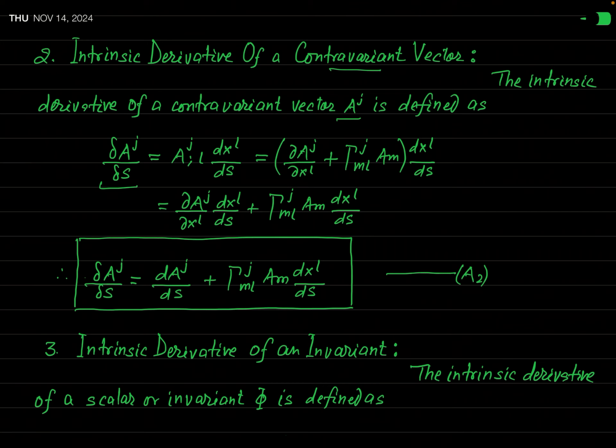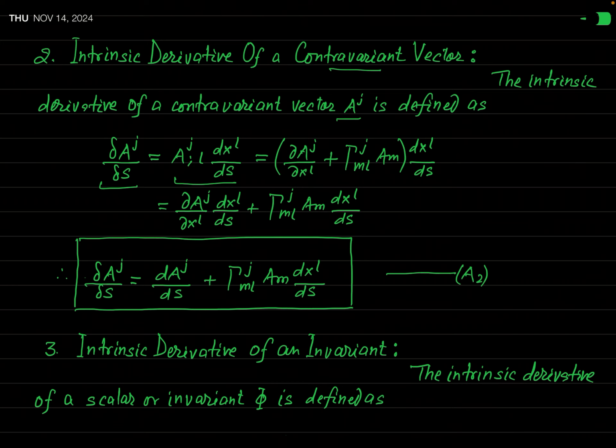In accordance with the definition, this intrinsic derivative of Aj with respect to s will be defined like this. Here, this Aj comma l, what is this? This is the covariant derivative of the contravariant vector Aj with respect to xl, times dxl by ds.